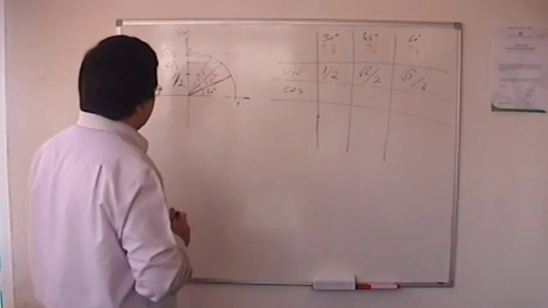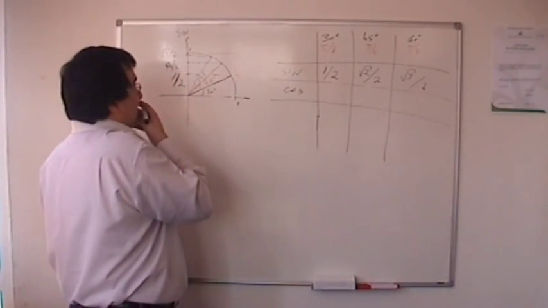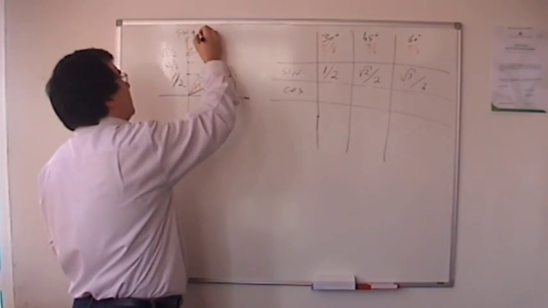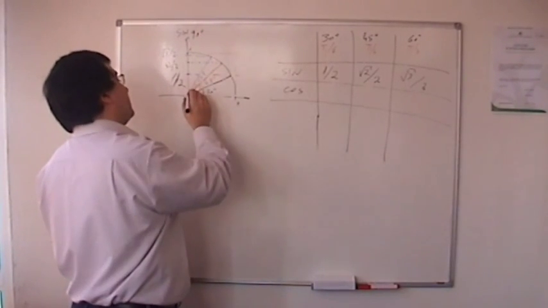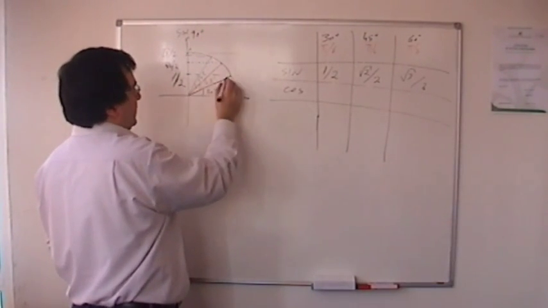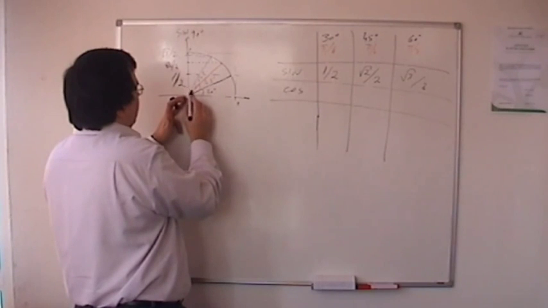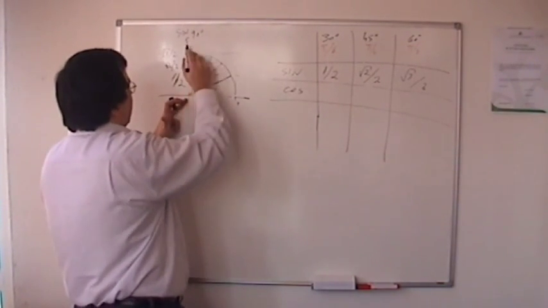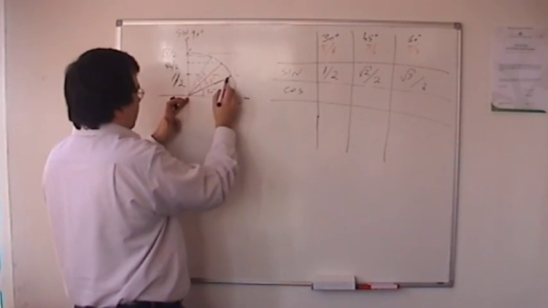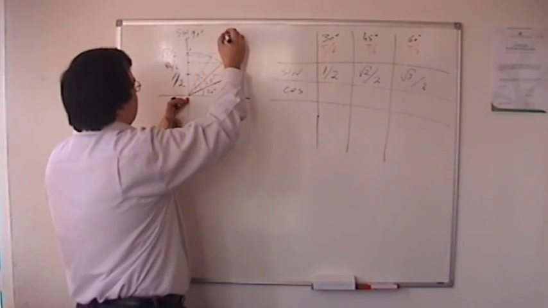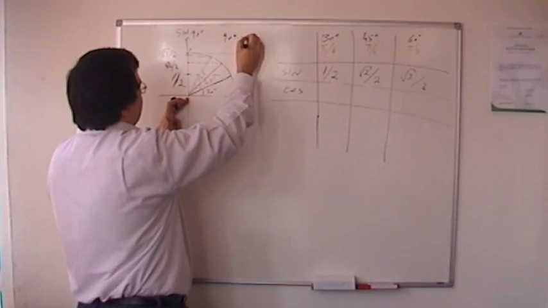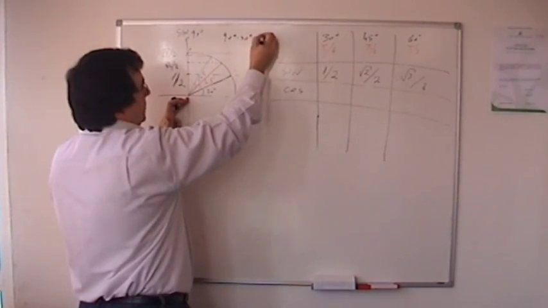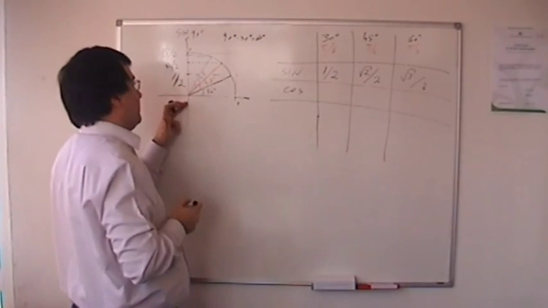Now for cosine. For cosine, if you look at, for instance, this angle of 30 degrees, and if you try to find the angle between the vertical axis and this angle here, it will give 90 minus 30, which will be 60 degrees.